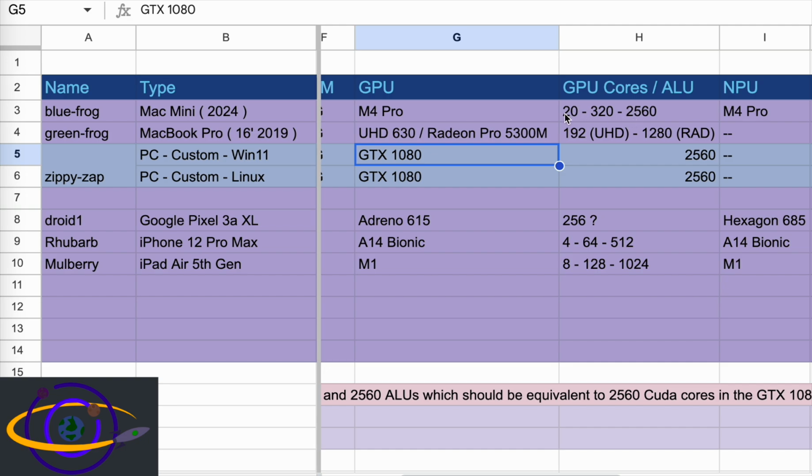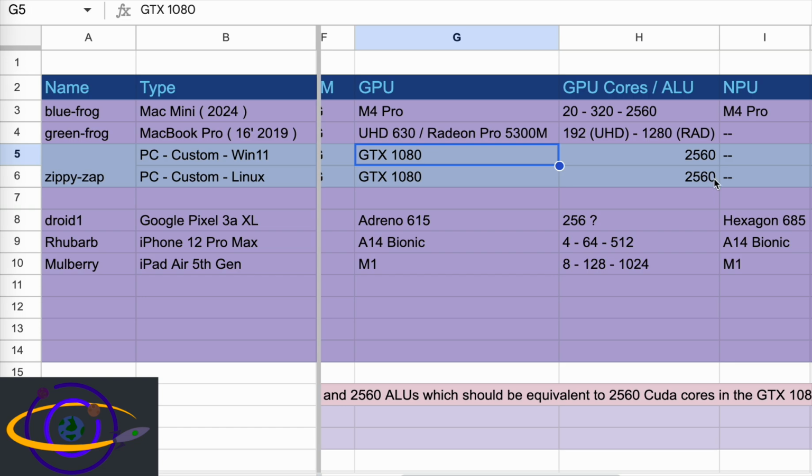So you see here, it has 20 cores, which are split into 320 execution units, which are then further split into 2,560 ALUs, which just so happens to be the same number as the GTX 1080, which is 2,560. So they basically have the same number of ALUs.